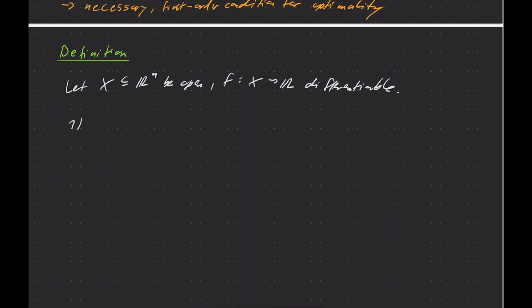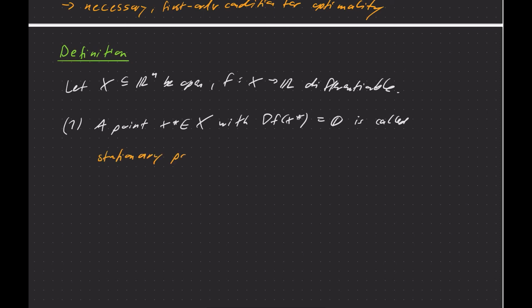And then number one, a point with zero gradient is called a stationary point. So a point x star in X with gradient of f at x star equals the zero vector is called a stationary point of f.